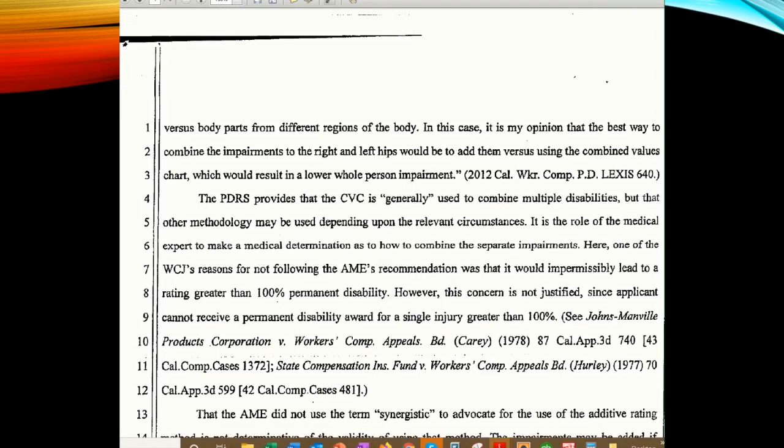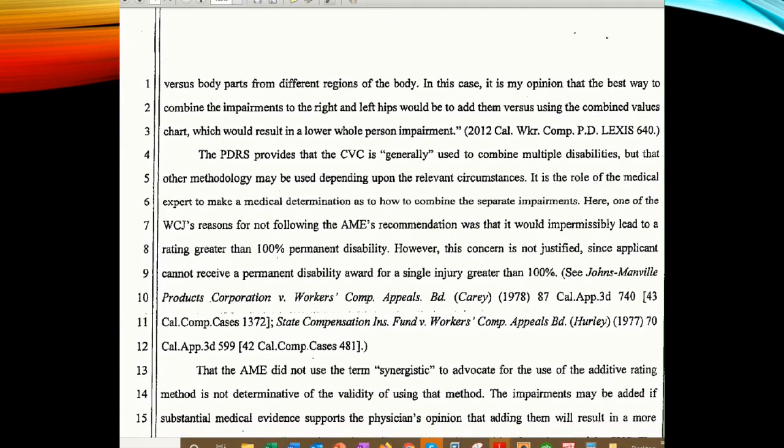Well, in this particular case, the qualified medical evaluator made no claim of a synergistic effect of one impairment on the other, and this is one of the bases upon which the workers' compensation judge discounted the additive method versus the combining method through the combined values chart.